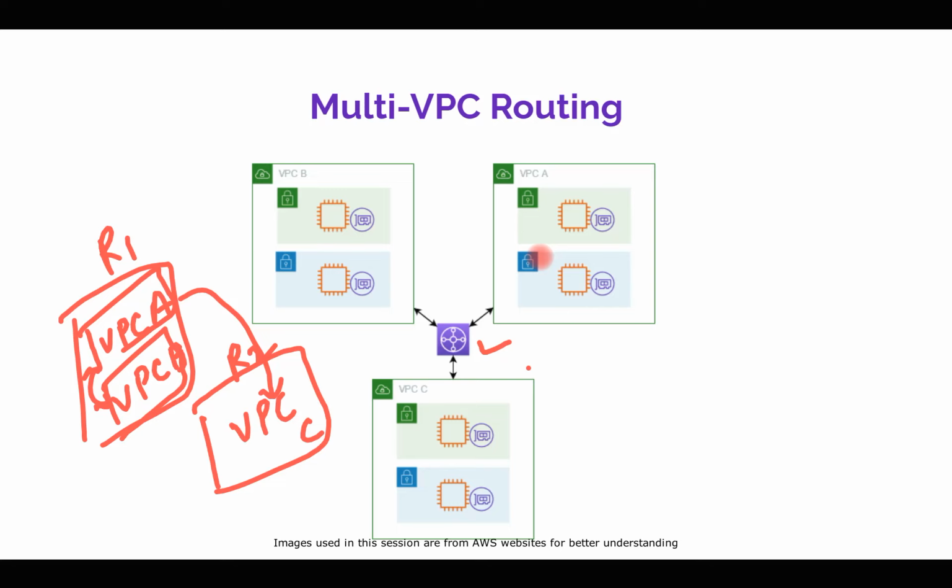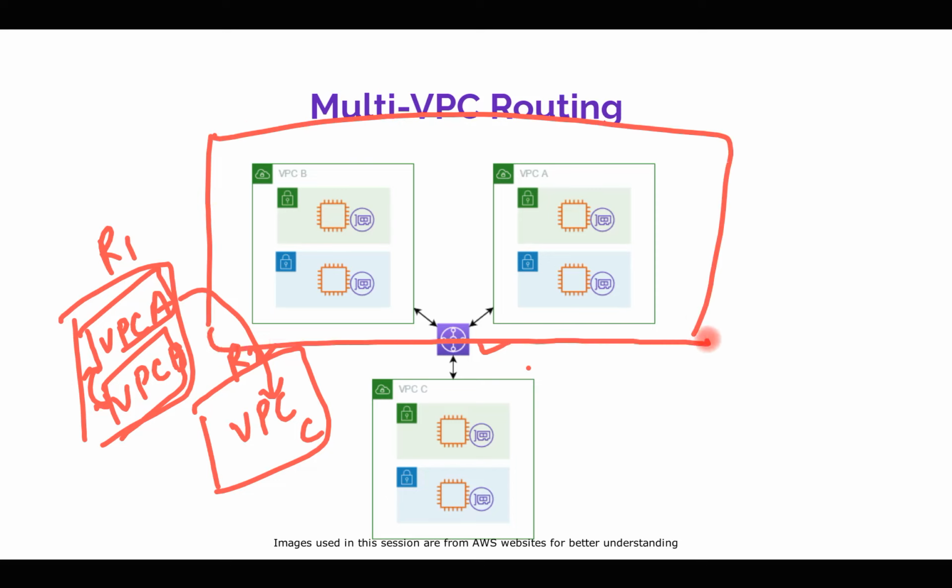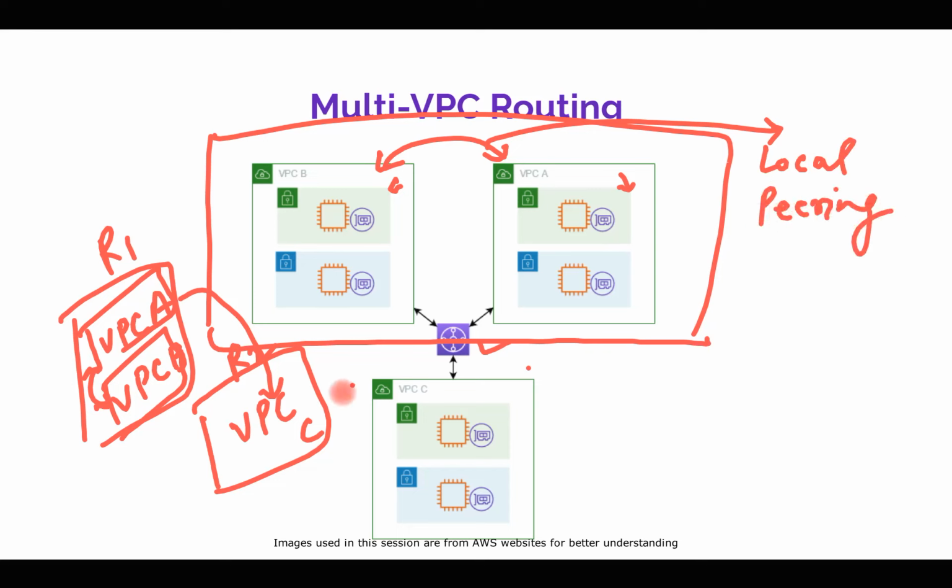Next, when we are connecting VPC A to VPC B, which are in the same region, we need to peer these connections. What happens with this peering? These two different networks behave as a single network, and all the resources from one network to the other have access by default. This kind of peering is known as local peering, or local peering connection.